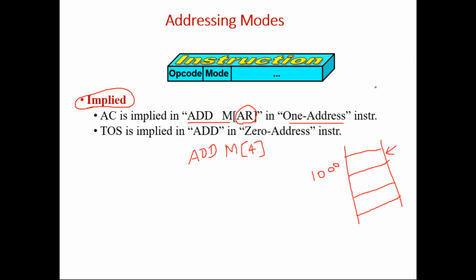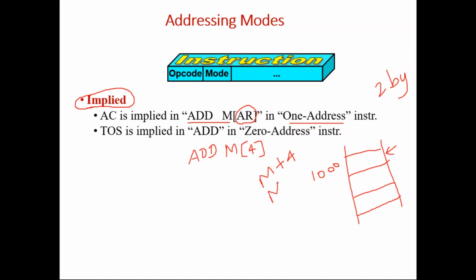If the word size is 2 bytes, even though you give 4 here, it won't add just 4, rather it will add 2 times that, because here word size is 2 bytes, right? So if the word size is 1 byte, it will just add yum plus 4.